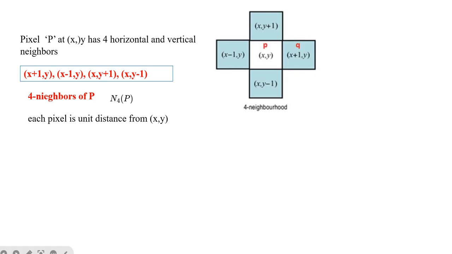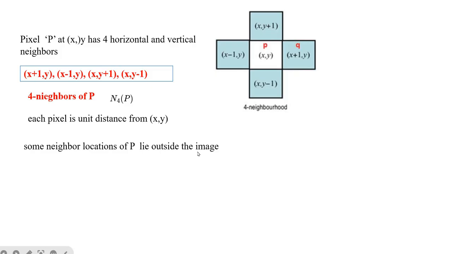In the 4 neighbors of p, each of these pixels is at unit distance. That is, pixels which are adjacent to each other always have a unit distance. Some of the neighbor locations of the pixel P will lie outside the digital image if x comma y is on the border of the image.